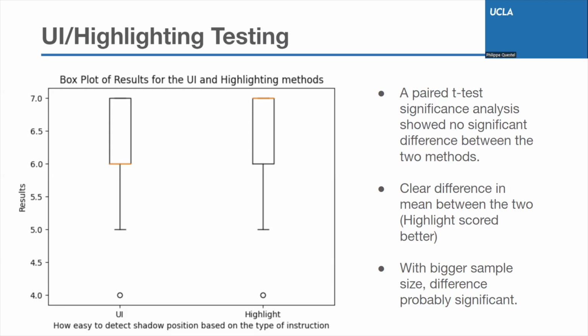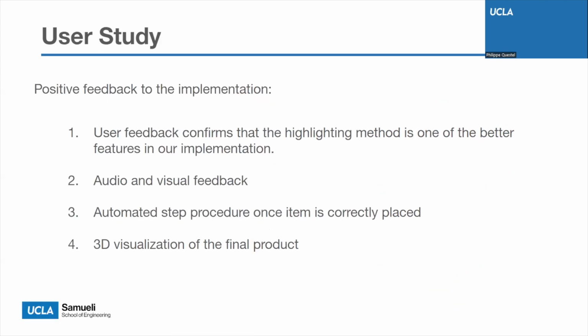Also, upon observing the users, we noticed that they tended to more easily use the highlighting method instead of each time needing to look up towards the screen to figure out what step it was and how to implement it. Finally, some of the positive feedback we got on the implementation was that a large number of users confirmed that the highlighting method was their preferred feature.